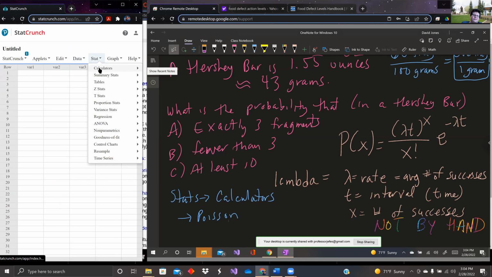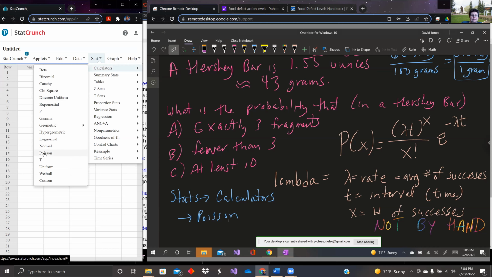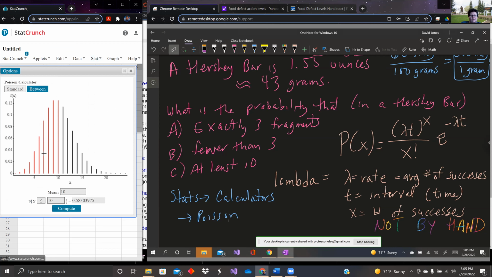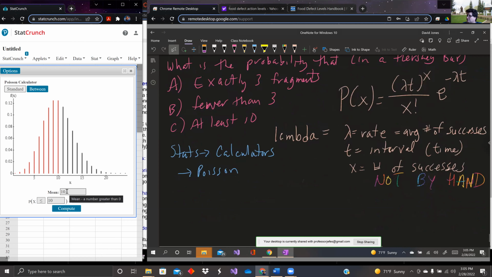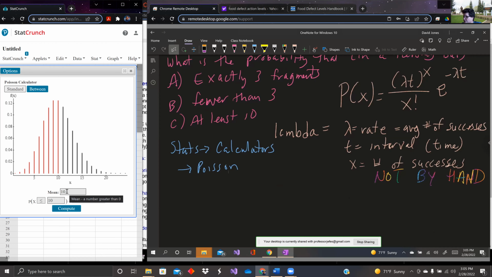And what do we need for stats, calculators, Poisson? Let's take a look at it and see what it asks when it pops up. It wants the mean. So you need the mean, mu of X, and you need X. And mu of X, thankfully, is easy.